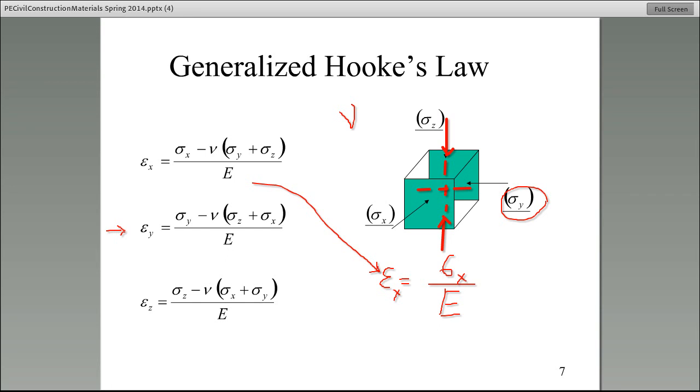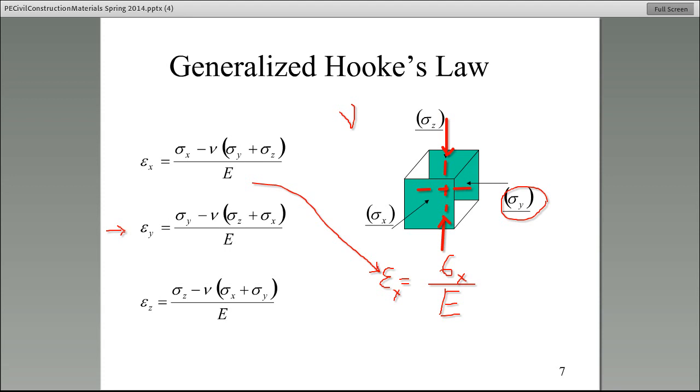The second equation, take a look. Help me out. The second equation, look, we've got epsilon y on the left-hand side, and then on the right-hand side, we have sigma y and E in the bottom. And in the numerator, what do we have? We have nu again.